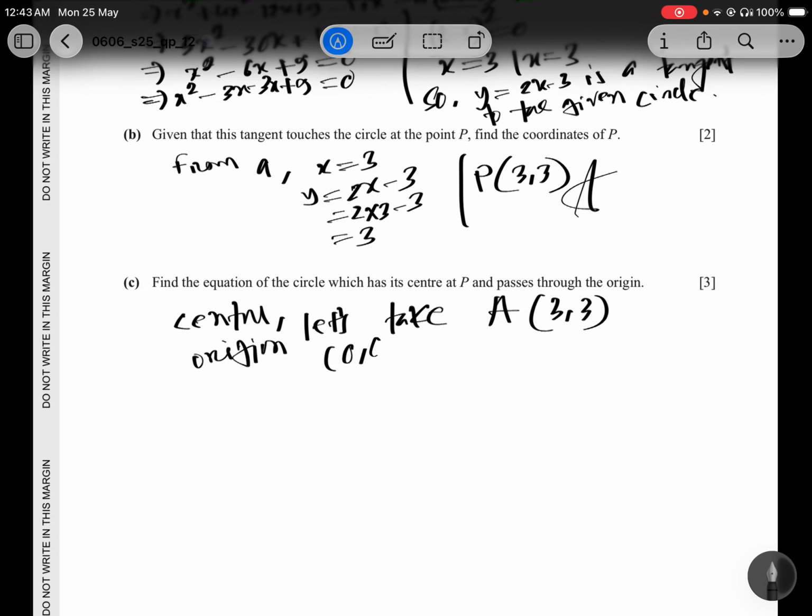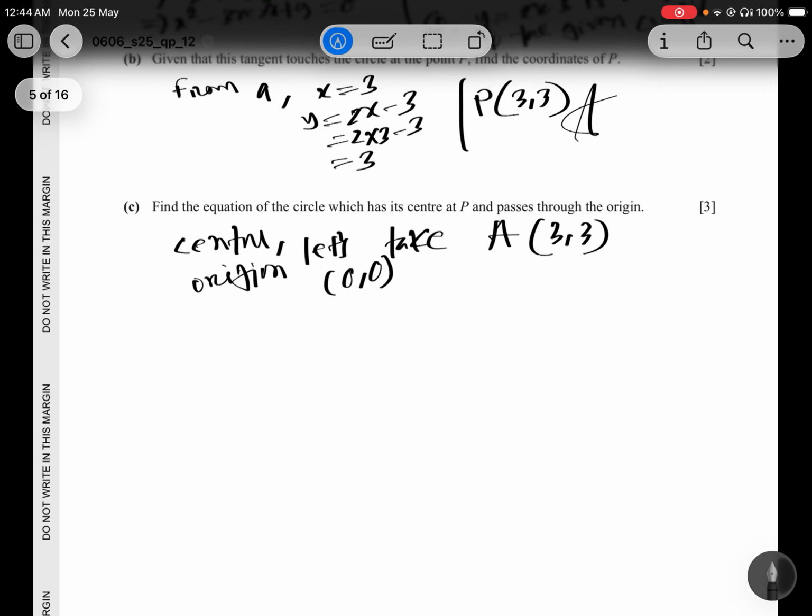Origin is (0, 0). So the radius is root of 3 squared plus 3 squared.